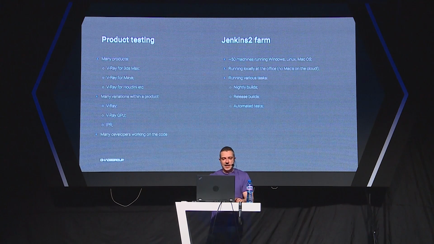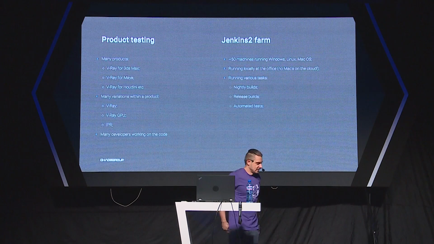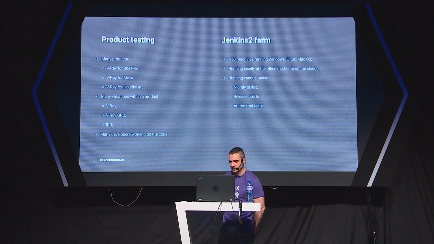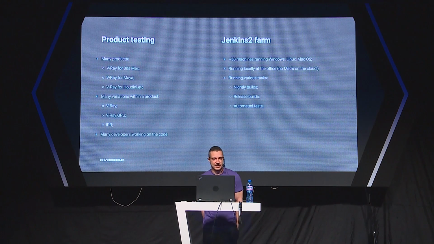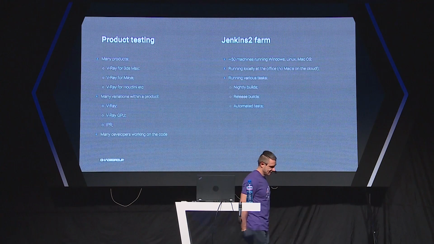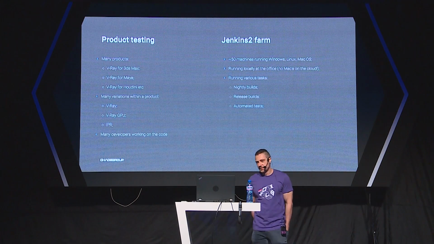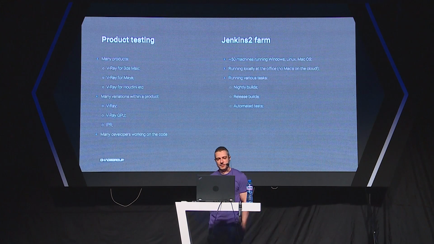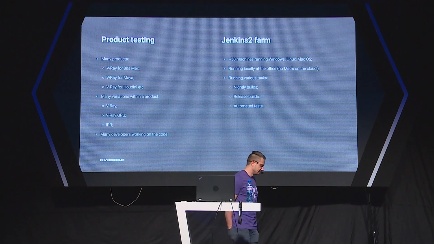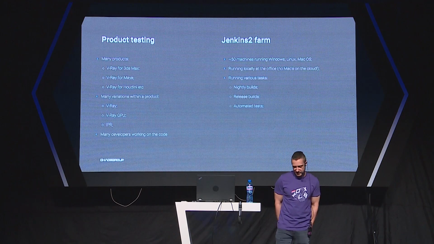So what I found useful when implementing this feature is the test system that we had set up throughout the years. And I just wanted to mention a few words about it. We have a lot of products. There's V-Ray for Max, Maya, Houdini. We also have lots of others.